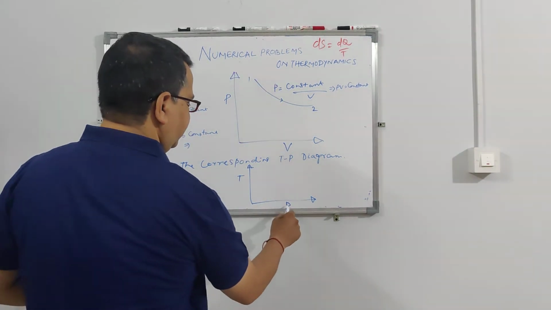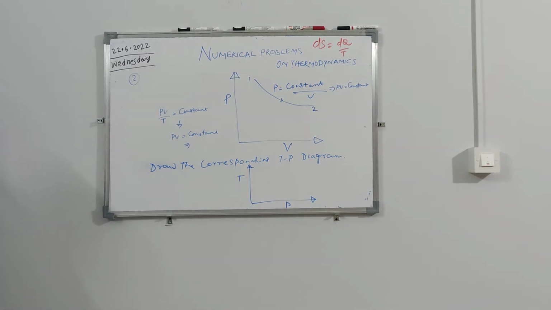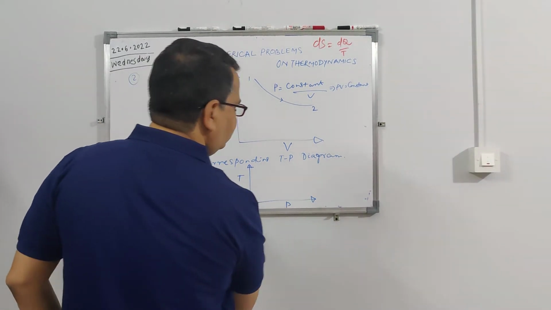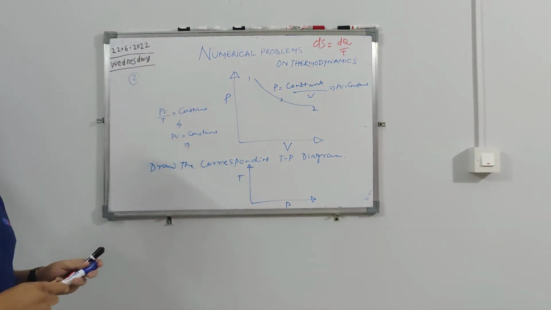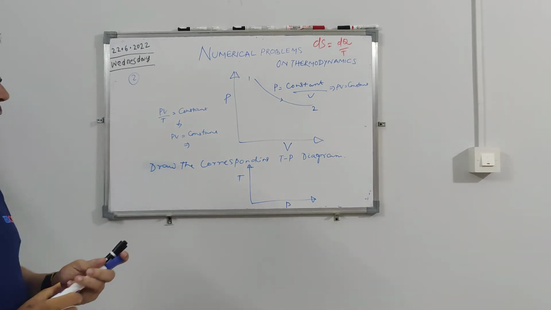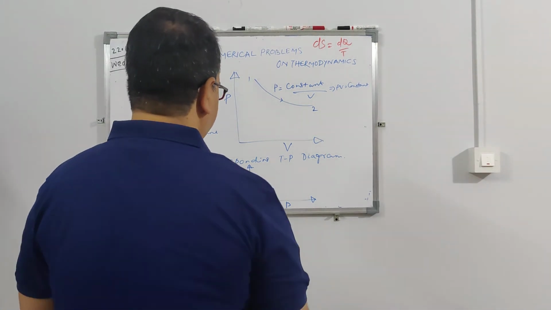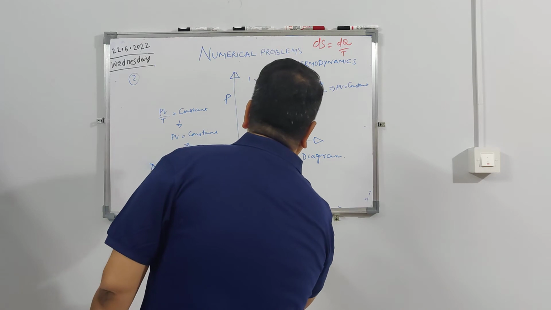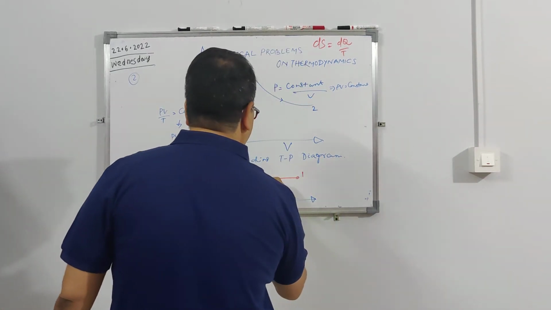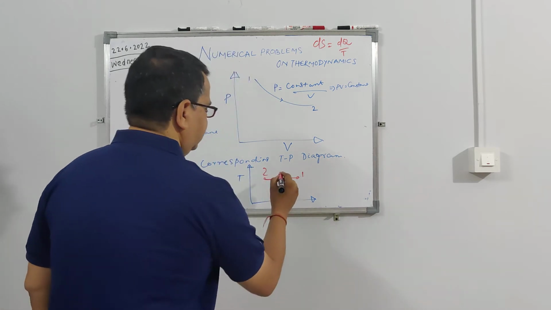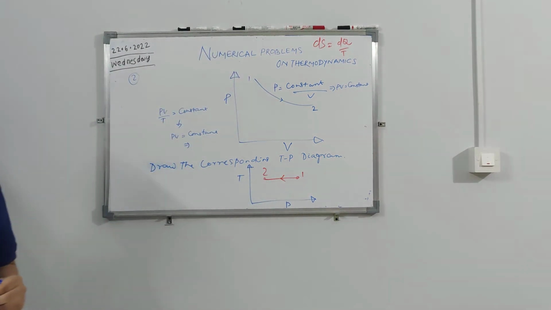Because the pressure is on the x-axis here, to come down it has to move in the leftward direction. Also, because the temperature remains constant, it has to be a straight line. In TP the curve will be a straight line, like this. So point 1 will be here and point 2 will be here. It will go like this. Understood? Okay.